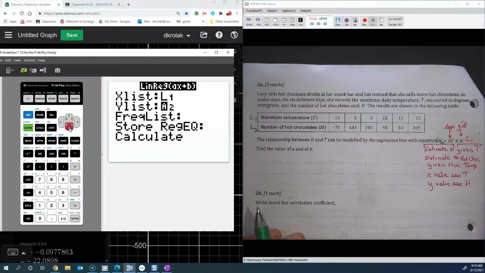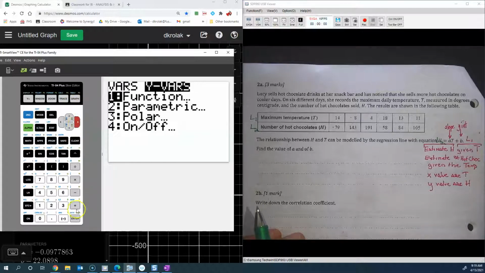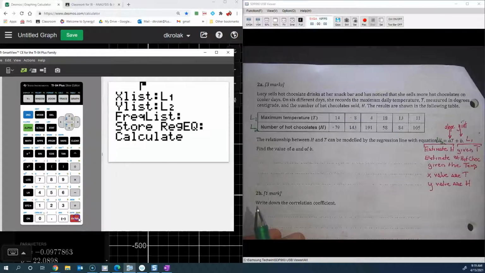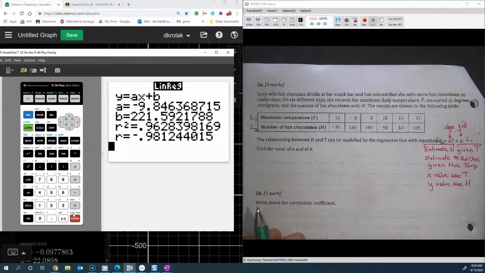I'm going to put this equation, in case I need to graph it, under Y1. And calculate. And there's my slope, and there's my y-intercept.